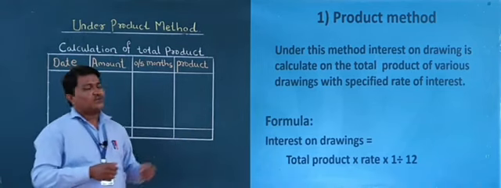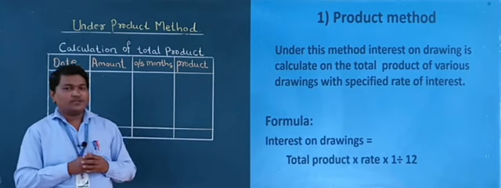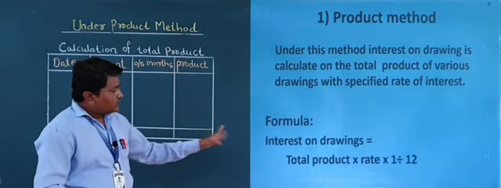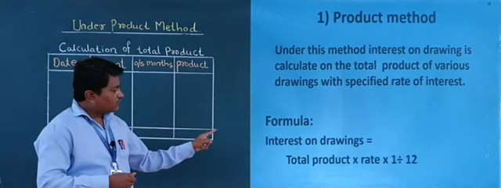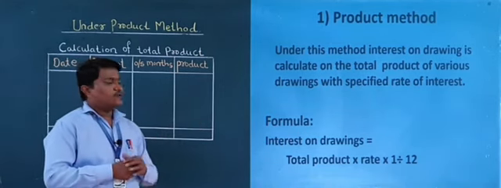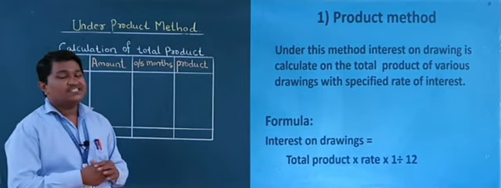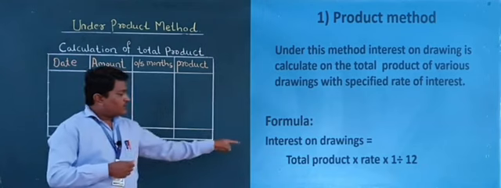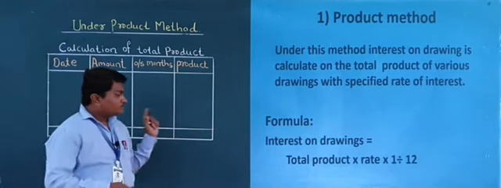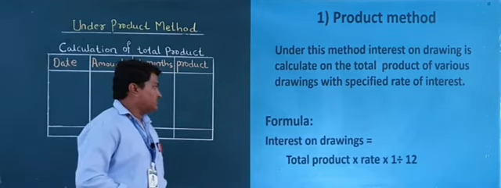This is the formula to calculate interest on drawing under the product method. Please note down this formula first. Later we discuss a problem, and there I will explain this formula. Let's go for the next problem on the product method.